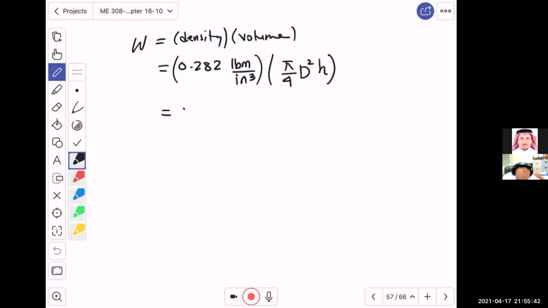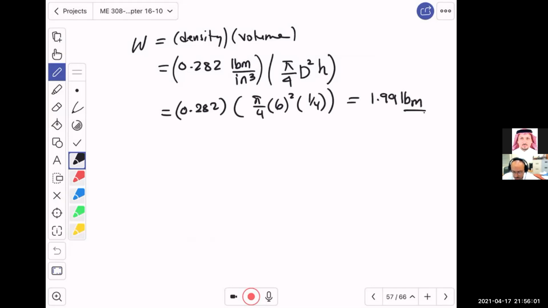So I'm going to get 0.282 multiplied by pi over 4 multiplied by 6 squared multiplied by 1 over 4. That's it. If you do this, you will end up with 1.99 pound mass. Okay, that's really good.